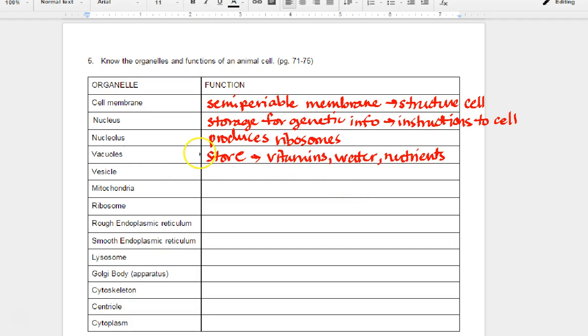Okay. Vesicles, these are little membrane-bound transport containers. Okay, and these are produced by the Golgi apparatus.